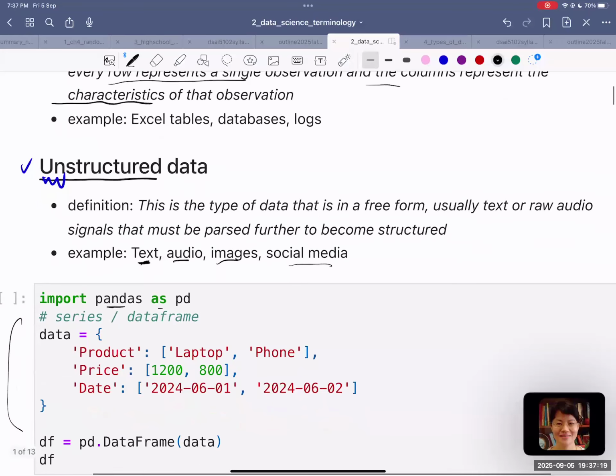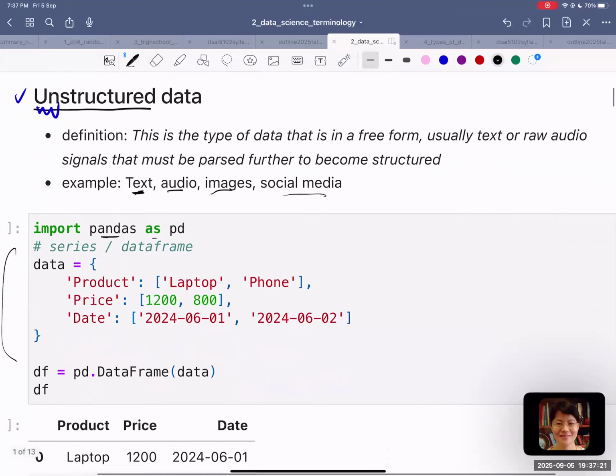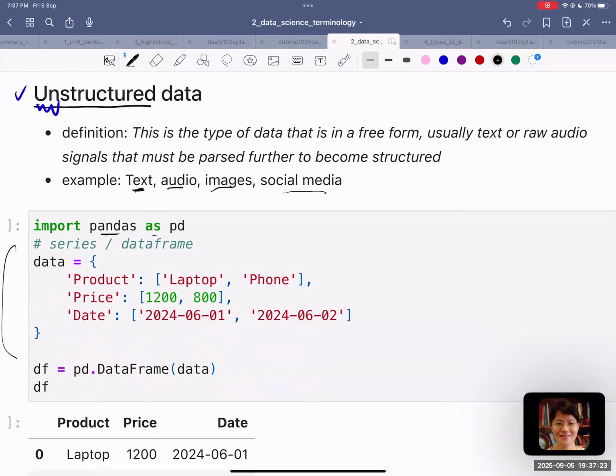Besides structured data, another type is unstructured data. Unstructured data is the type of data that is in free form. So what does free form mean? For example, text data, right? Like ChatGPT, where you talk with a machine.